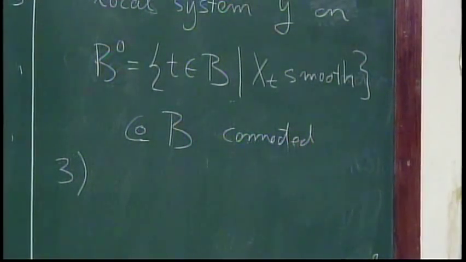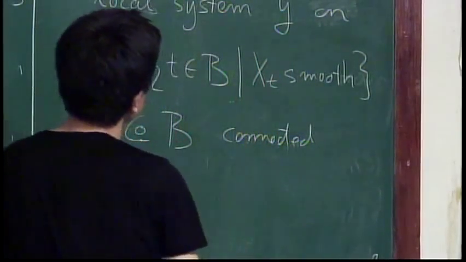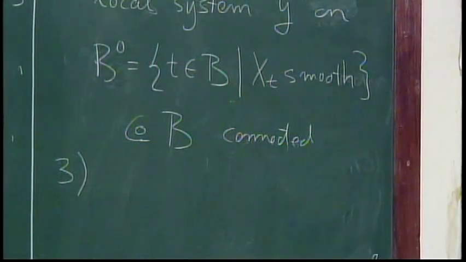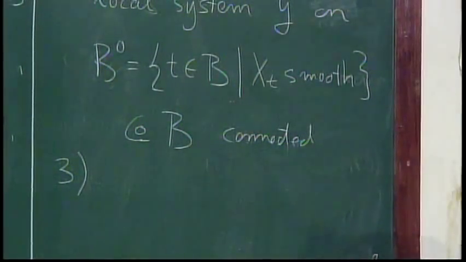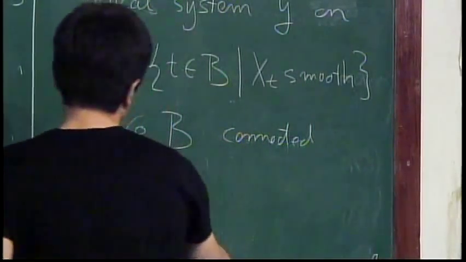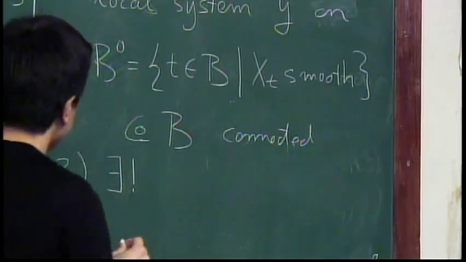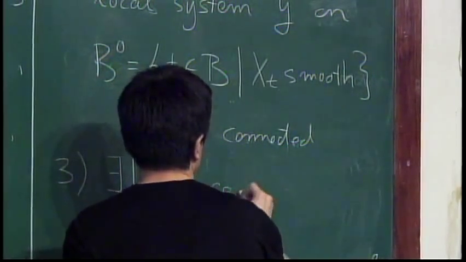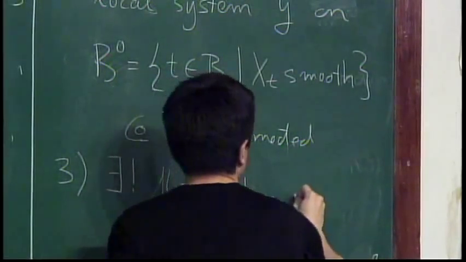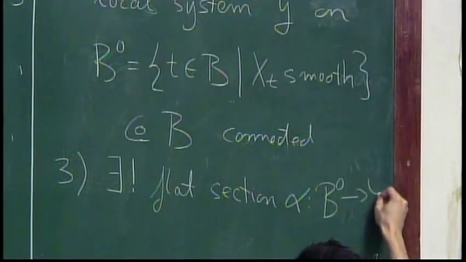So now we can write down a section of this local system which always hits the restriction of such a special Kähler class on all fibers. So there exists a unique flat section alpha from B0 to G.